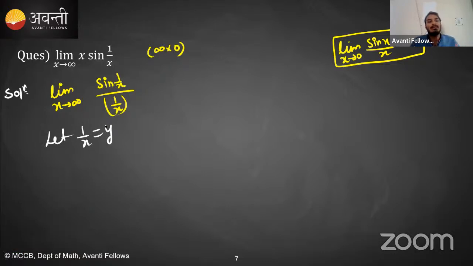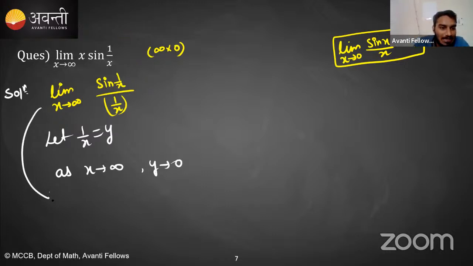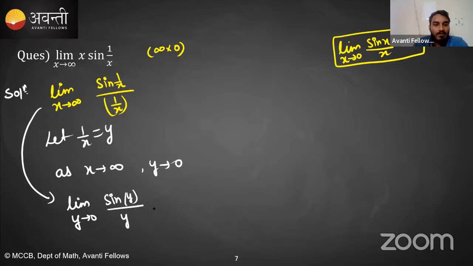So as x tends to infinity, y will tend towards 0. Yes or no? So this limit can be written as limit y tending to 0, sin y upon y, which is what? Limit y tending to 0, sin y upon y is 1.